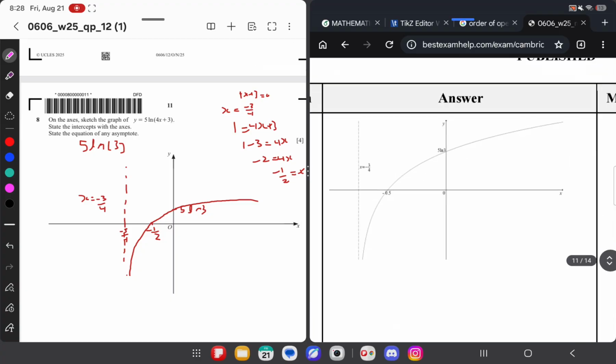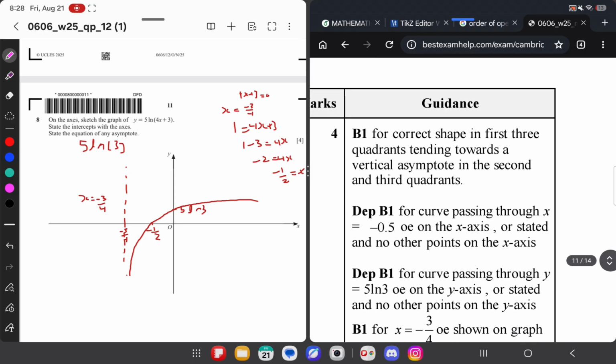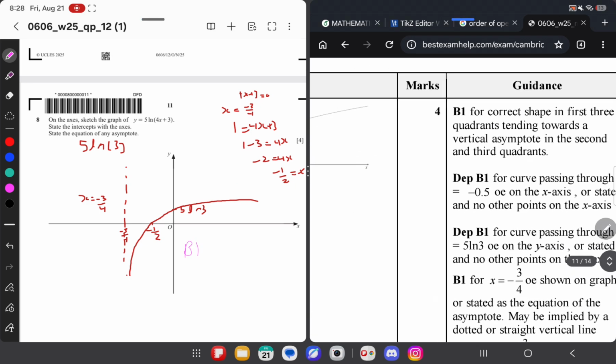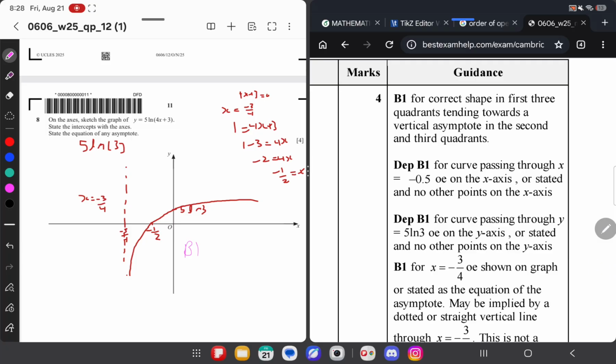The answer to this is, so correct shape B1. Dependent B1 for curve passing through x equals negative 0.5 or equivalent on the x-axis or shaded, and no other points on the x-axis.